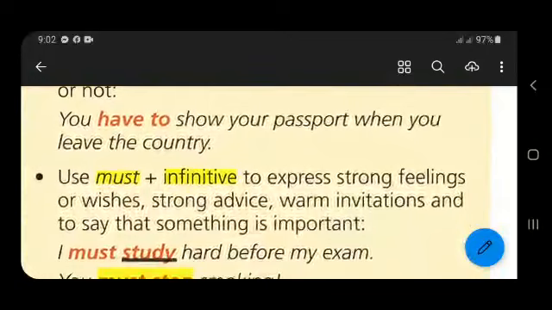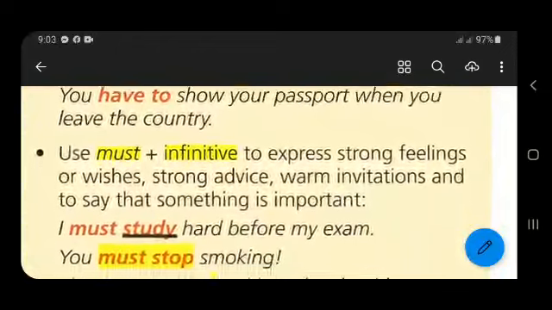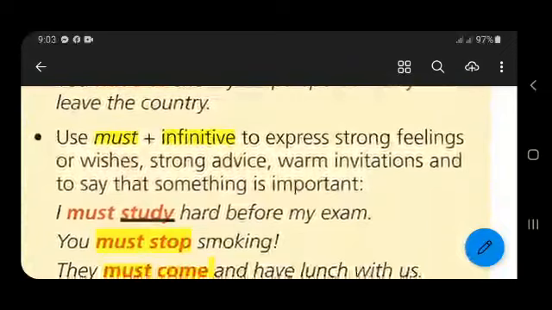We use must plus infinitive to express strong feelings or wishes, strong advice, warm invitations, and to say that something is important. For example, I say I must study hard before my exam.